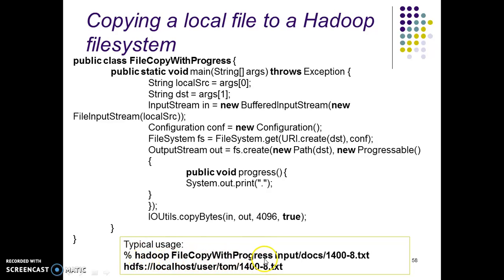When we run this inside our program, we use the command hadoop FileCopyWithProgress, which is our class name. Then we give the path present inside our file, input docs 1400-8.txt, this is our local path, and we are using the HDFS path here. So this is going to copy the file into our Hadoop file system.